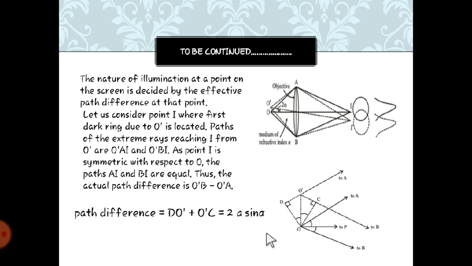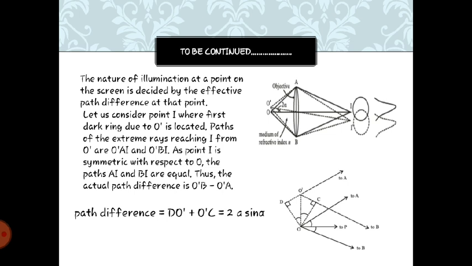Now according to this diagram, have a look at it. What will be DO dash plus O dash C? Have a look at the diagram and you will come to know what exactly it is. The previous diagram is about the microscope itself, but to give the exact idea, we have maximized that diagram, and the region around O dash and O is enlarged.